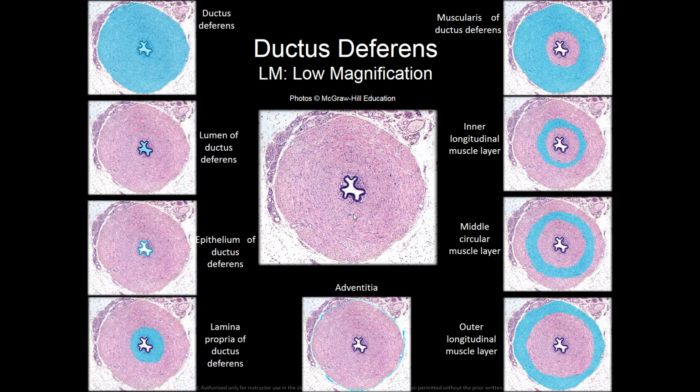These layers are innervated by the sympathetic nerves so that you can have peristalsis during emission of the sperm cells. And then you have another layer that is made of connective tissue or adventitia.